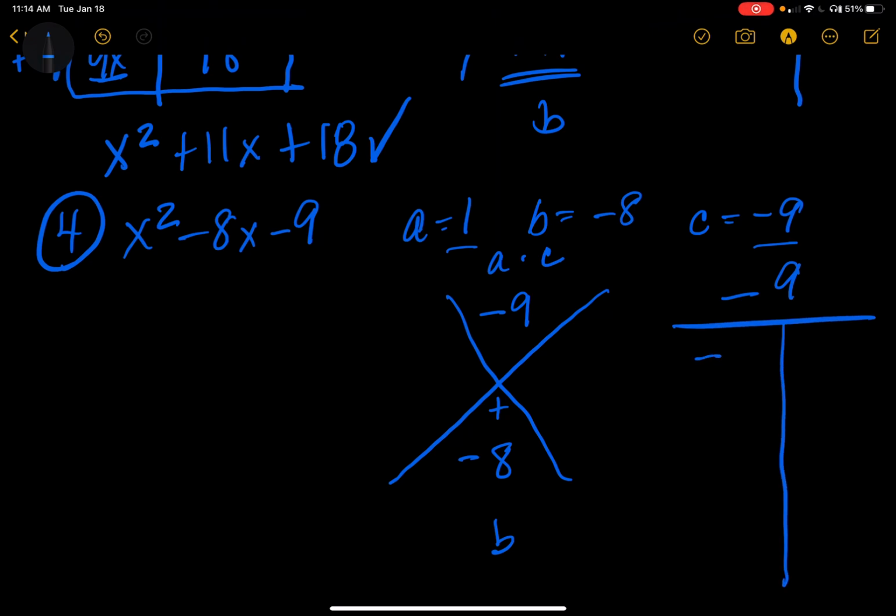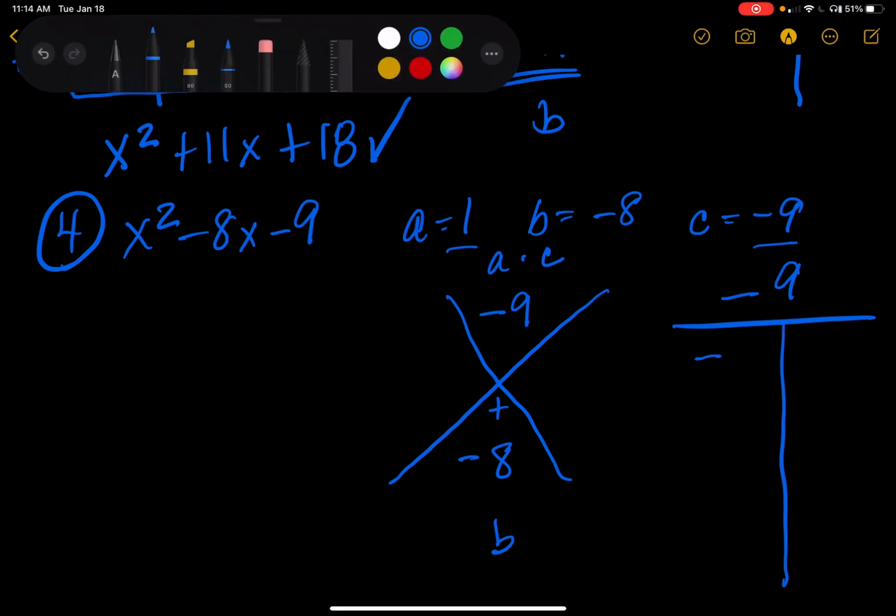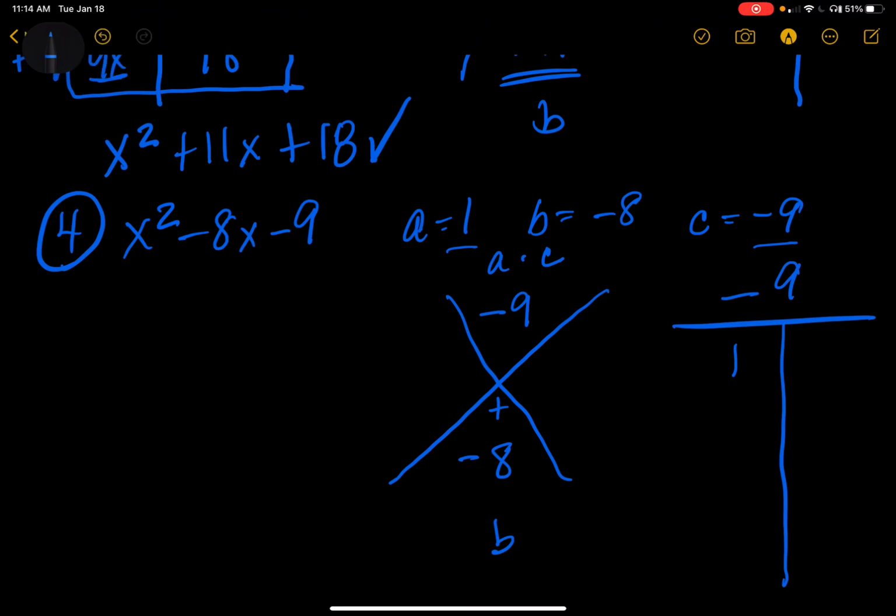We have, let me not put my negatives in there yet. So we have 1 and 9, and that's it. So now we need to look at our signs. We know that when we multiply together, we want to get negative 9. So that means that one of the numbers is going to have to be negative and the other one has to be positive.